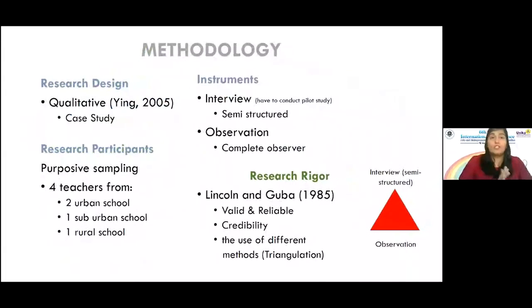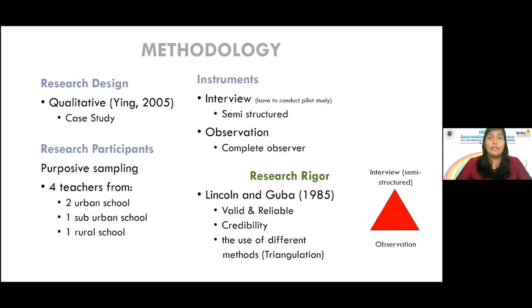So let's move on to the methodology. Our research design is a qualitative research. We have chosen a case study. We have done a purposeful sampling whereby we chose 4 teachers, 2 teachers from an urban school, 1 teacher from a suburban school, and a teacher from a rural school. These teachers are chosen because they are trained English teachers.